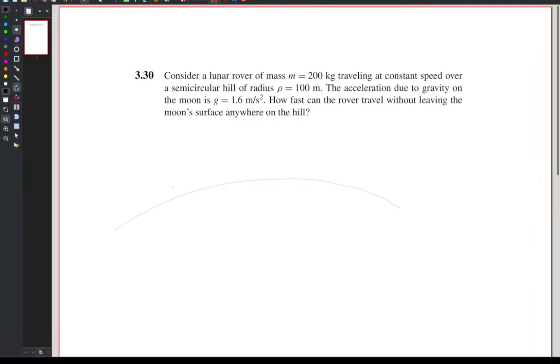So we got a hill, got a rover. Maybe we're on the moon, so maybe some craters, right?